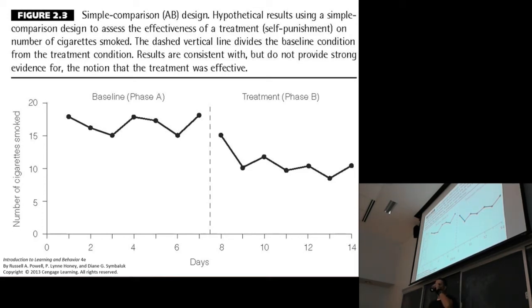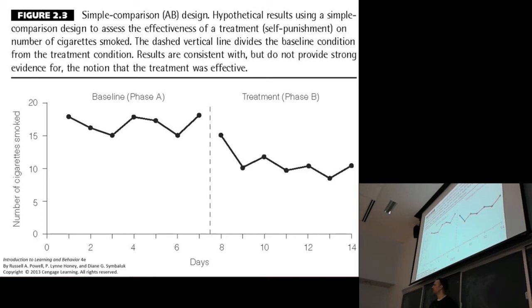Because you're comparing an individual to the same individual, so your subject is exactly one person. So that might not work for another person. Well, that's true. Your treatment might not work for another person, but it might not even be working for this person, right? We would like to say that this treatment is effective for our client right now. But what's a potential other thing that could happen?